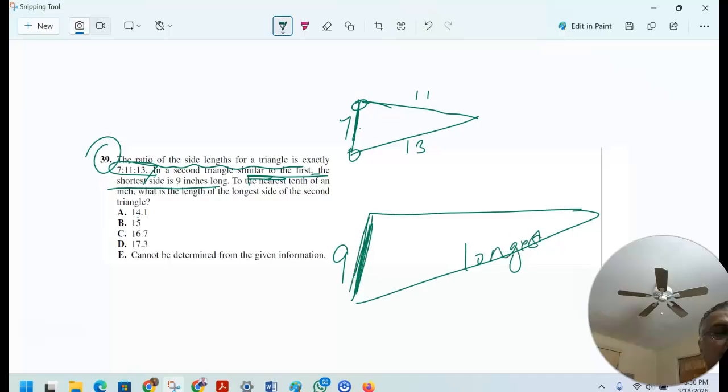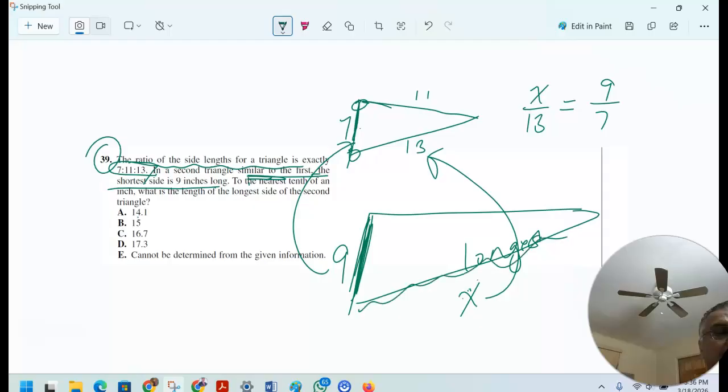And because the sides are proportional, you don't know this, so I'll put in x. So we have x over 13 is 9 over 7. So sides are proportional if two triangles are similar.